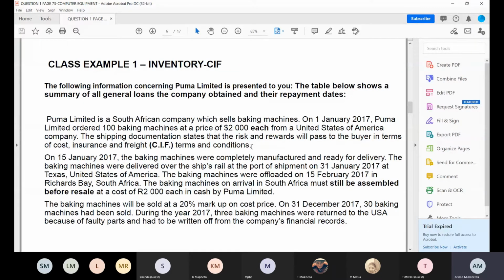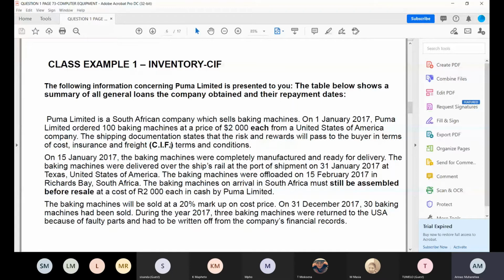By just reading that information, I can tell you that our transaction date is going to be the day this machinery is shipped from the US harbor, because they bought this machinery from the United States. What are they using? The CIF terms and conditions.